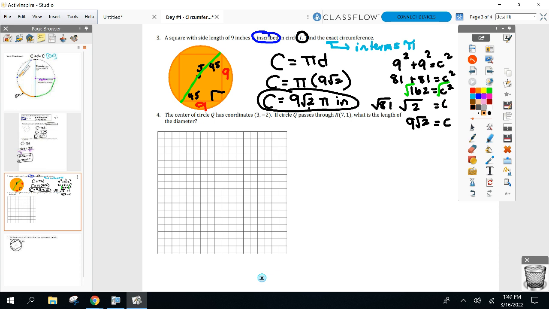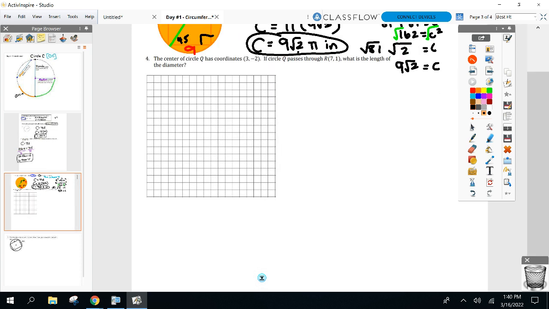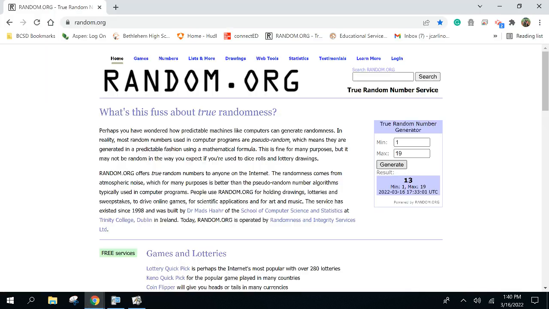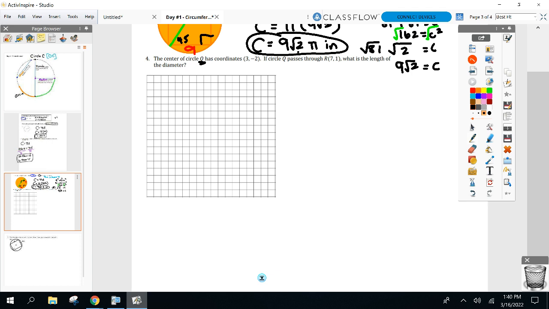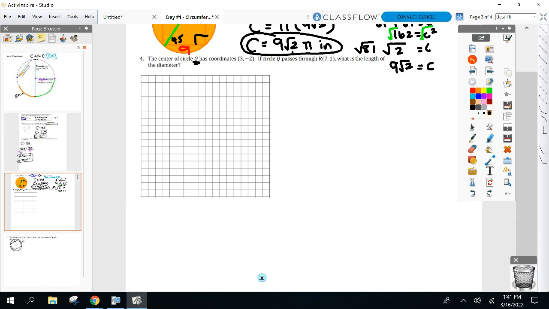All right. This is an intense unit if you haven't found out already. Oh, graphing question. Circle Q. What's Q then? Q is the center. Graph it, everybody: 3, -2.